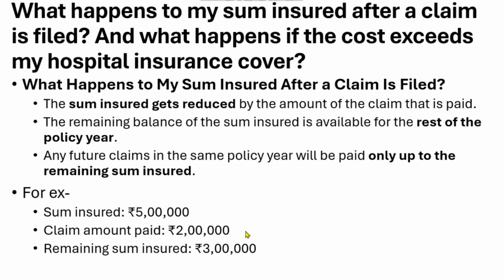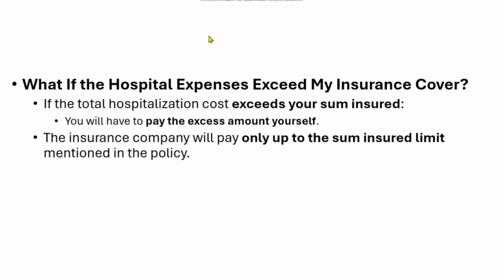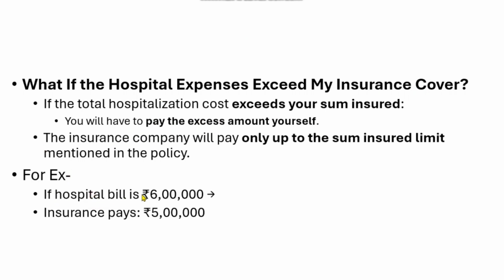What happens if hospital expenses exceed your insurance cover? In that case you will have to pay the excess amount yourself. For example, if the hospital bill is 6 lakh and your policy coverage is 5 lakh, then you have to pay 1 lakh from your pocket, and Medi Assist will not pay from their pocket.